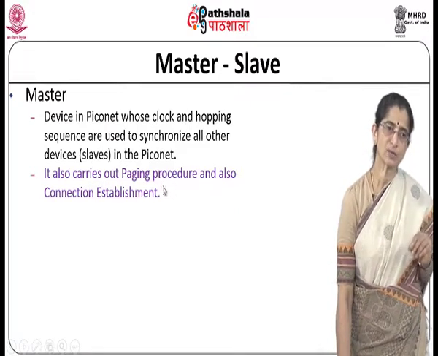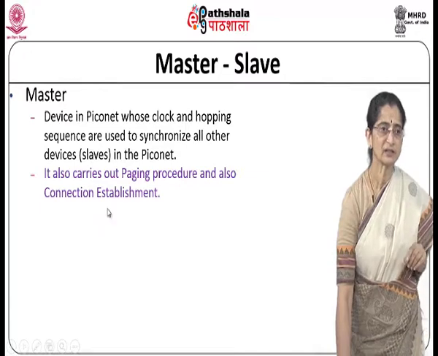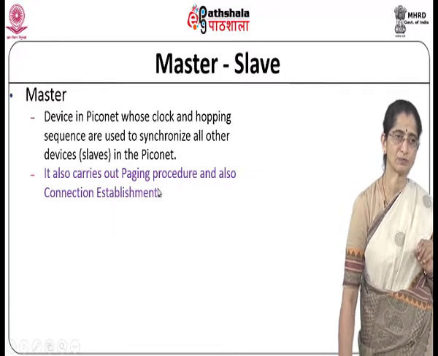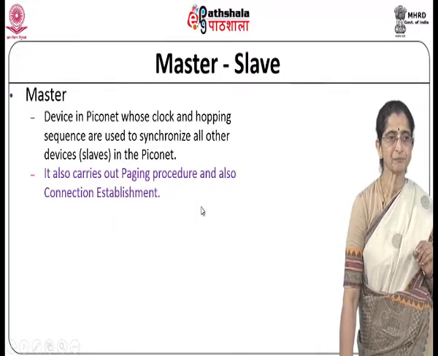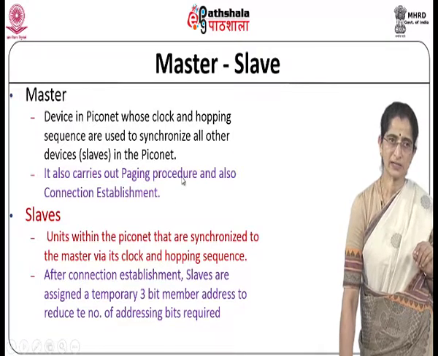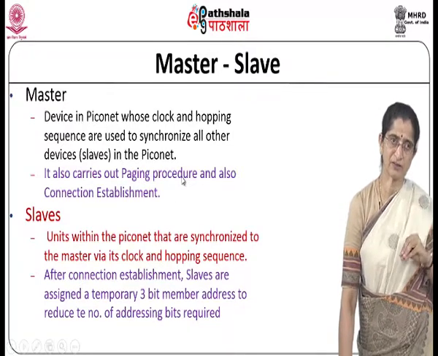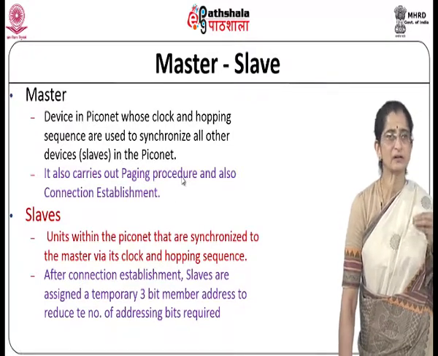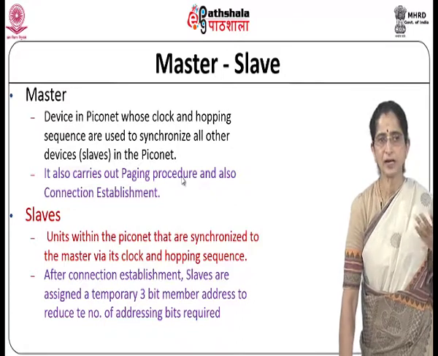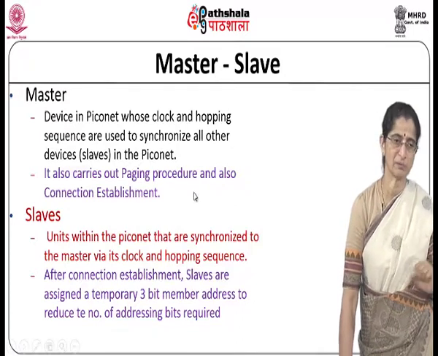It also carries out what is called the paging procedure and the connection establishment. We will be looking at how the paging and connection establishment are done shortly. You can look at it as saying that it allows the slave devices to connect to it, identifies where the slave device is and is able to send data to it. That is what we mean by this process.